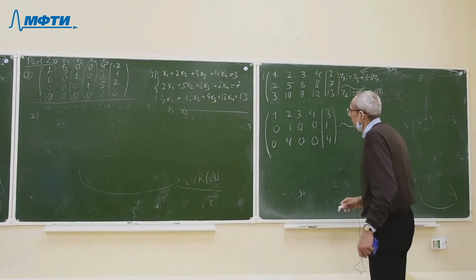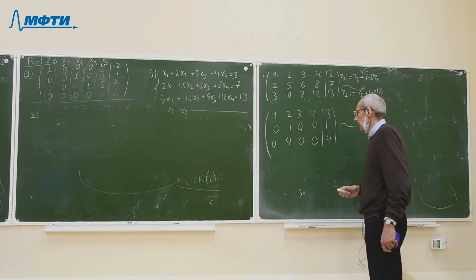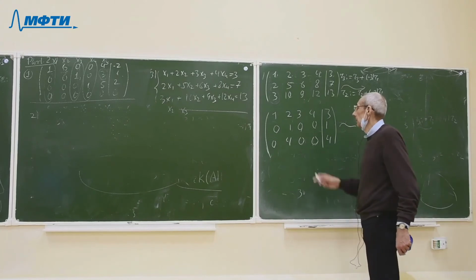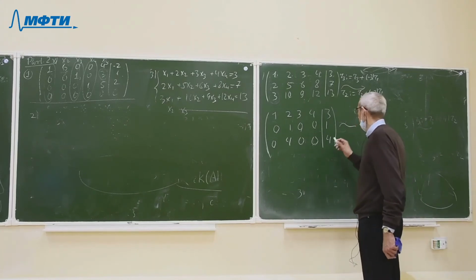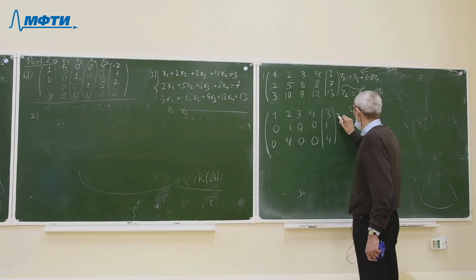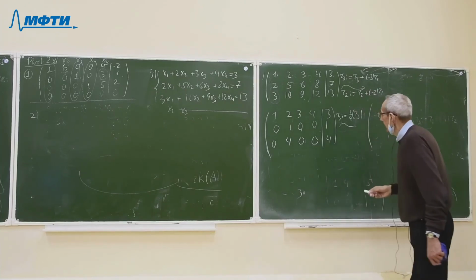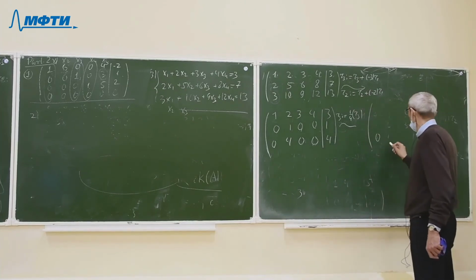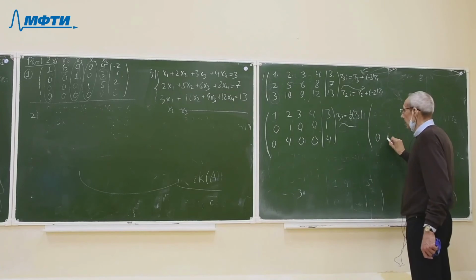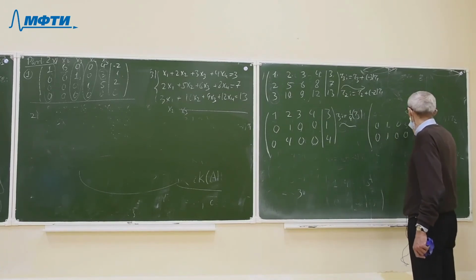We can multiply the last row by the ratio 1 over 4, and we obtain the same row.